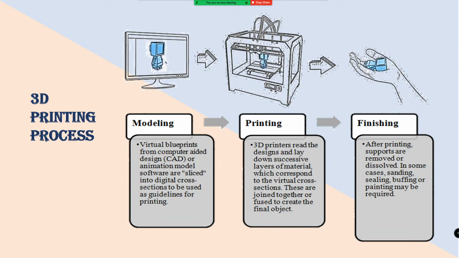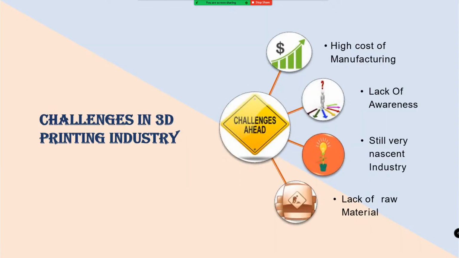At last, it may need to be dried or not. The printing process occurs thin layer by layer, and this process continues until the model is ready. This is the finishing. Next slide, please.